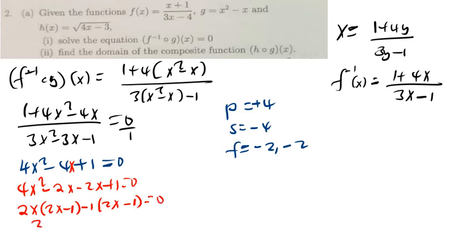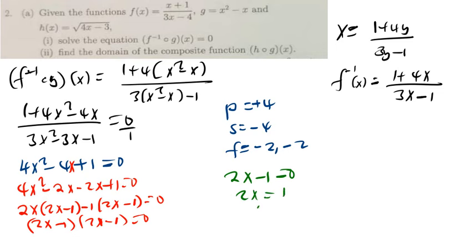So I'll remain with 2x minus 1 and 2x minus 1 still. So equate this equal to 0. We have the same things, so just get one answer. 2x is equal to 1, x being equal to 1 over 2. That's the answer for this question. I've just gotten one answer because they are the same thing, so I don't have to bother myself.